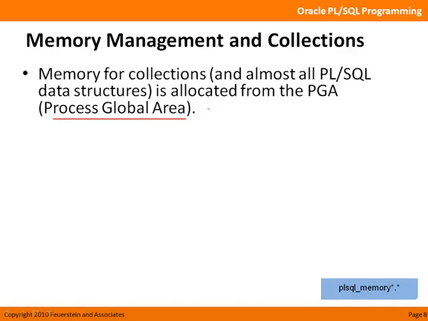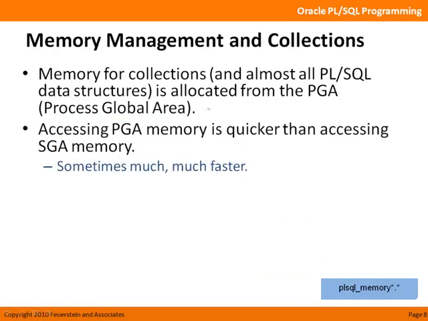When you work with the contents of relational tables, you're usually working through the SQL layer in the SGA, which is a very large globalized data structure for the entire database instance. And in general, accessing PGA memory is quicker than accessing SGA memory. It's connected to your session, which means that there's less work to get to that memory, and it's less structured and easily accessible by each individual process. So per process memory is generally faster to access and manipulate than this globalized memory area.